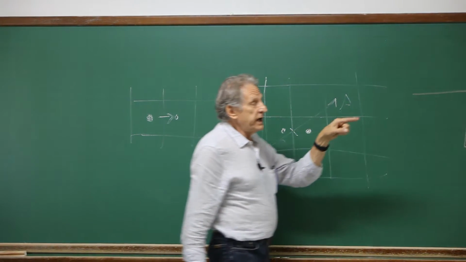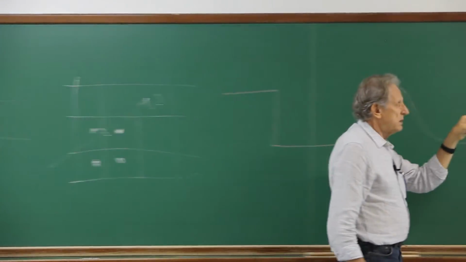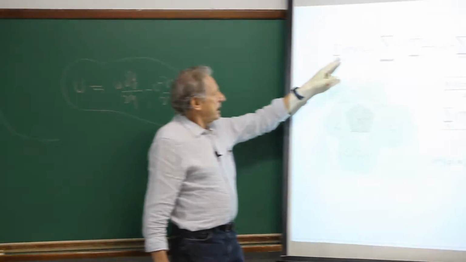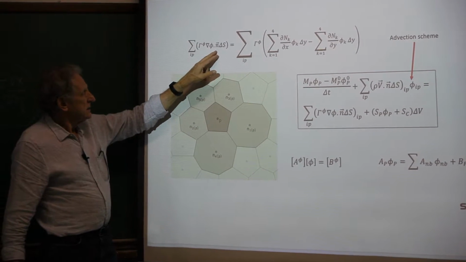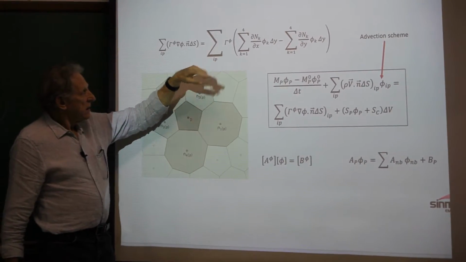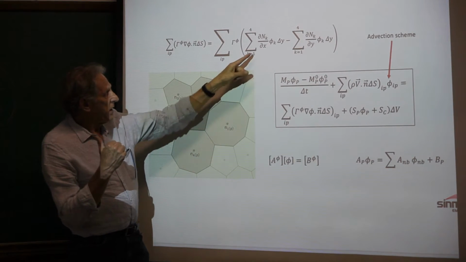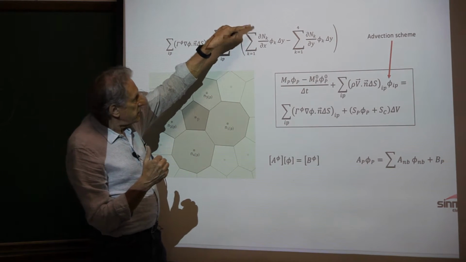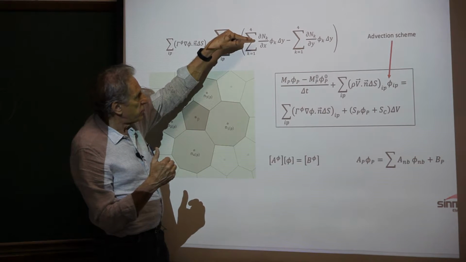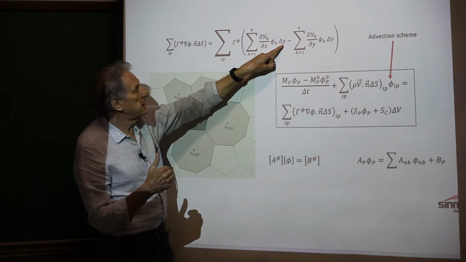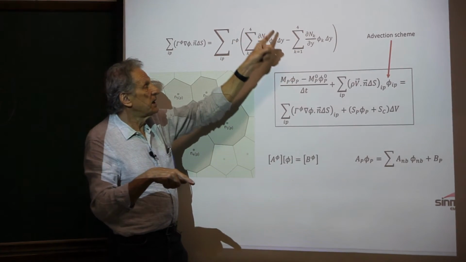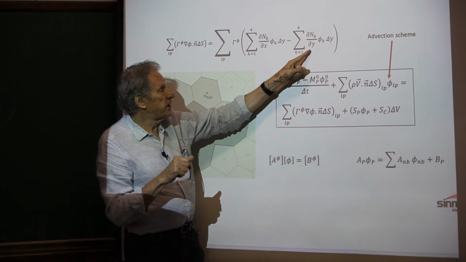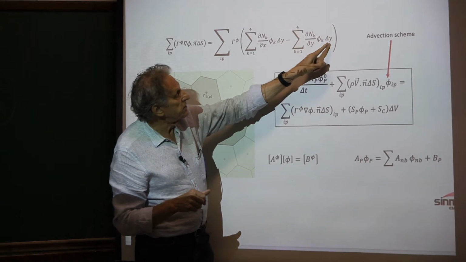So if I'm going to calculate this term, gamma gradient of phi scalar normal, it is what we showed before: the derivative of phi with respect to x times dy, minus the other component, the derivative of phi with respect to y. Oh, there was a mistake here.